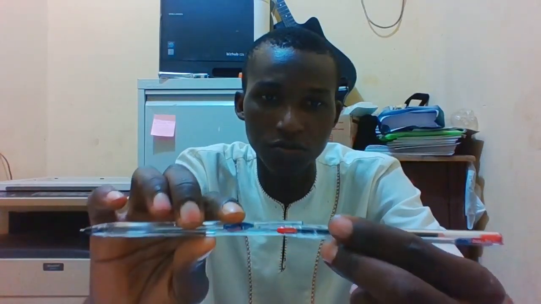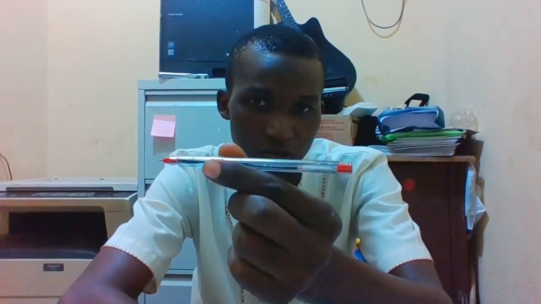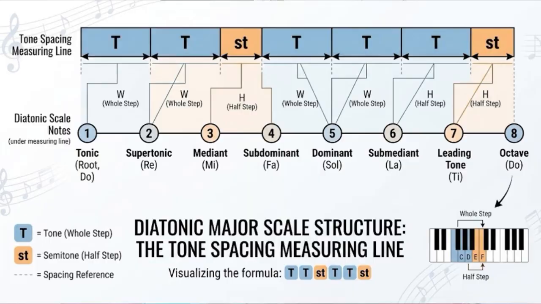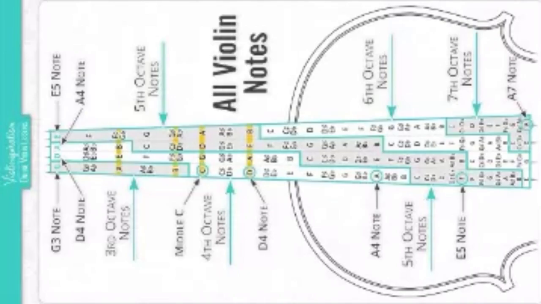If you don't obey these rules, you won't get your music straight. So between G and A is a tone. Between G and A flat is a semitone. We call it a half step or a semitone, half tone.